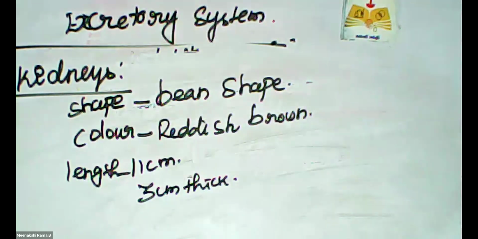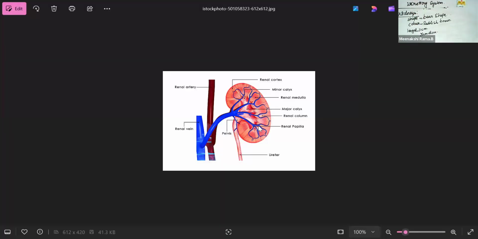The kidney consists of an outer dark region, the cortex, and an inner lighter region, the medulla part. Let's look at the diagram of the kidney. This shape is called bean shaped, like the vegetable bean seed.